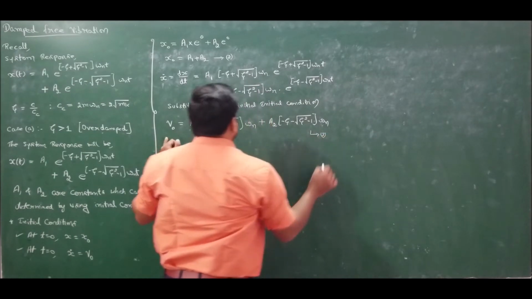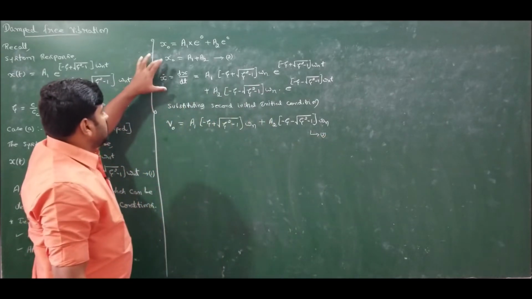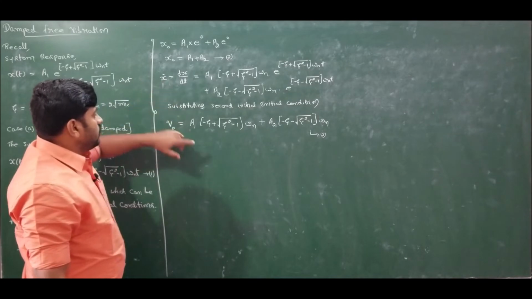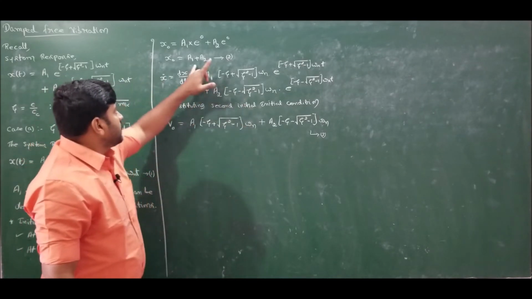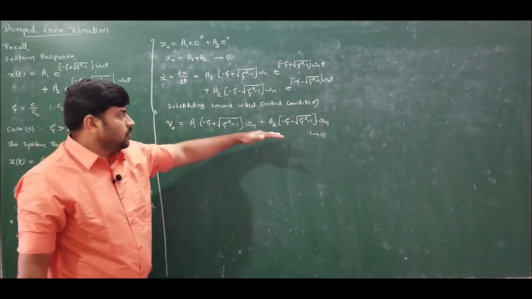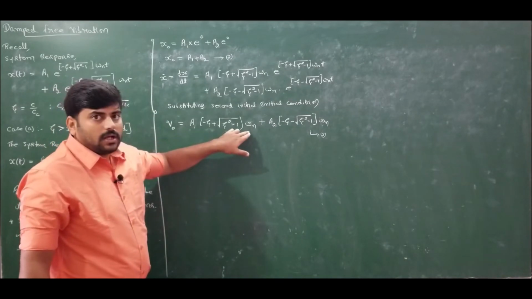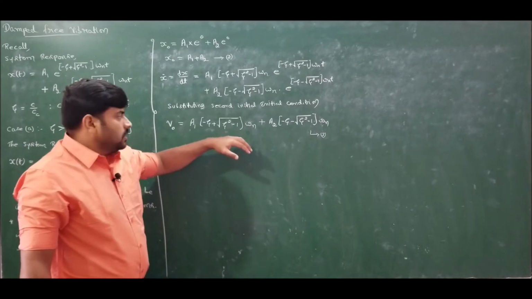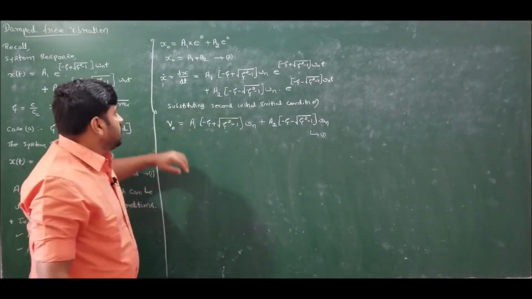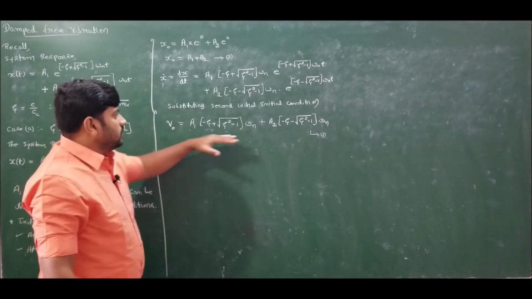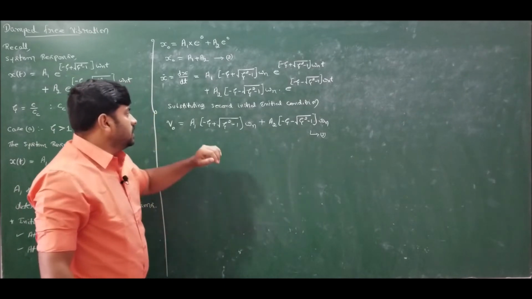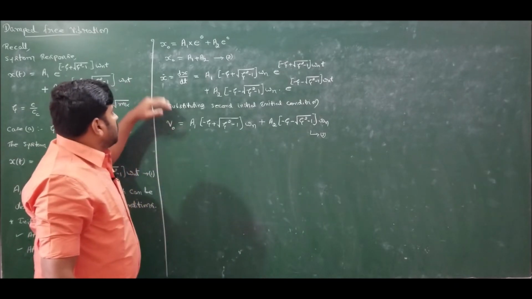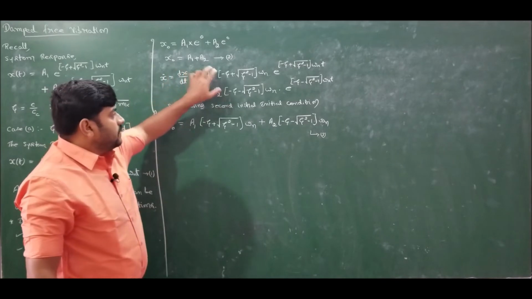Now if you observe, in equation 2 and equation 3 we have only two unknowns, a1 and a2, whereas everything else is known. The value of omega n is the square root of k by m, where k is the stiffness and m is the mass of the vibrating body. We know zeta is greater than unity, and we know v naught and x naught, so I can solve for a1 and a2.